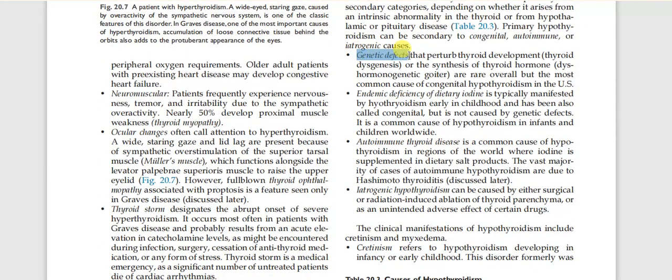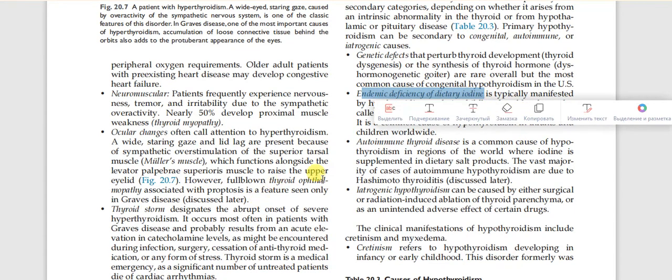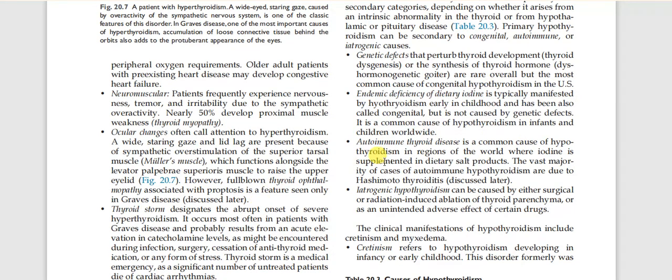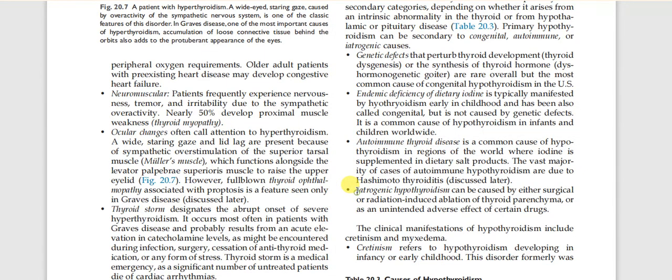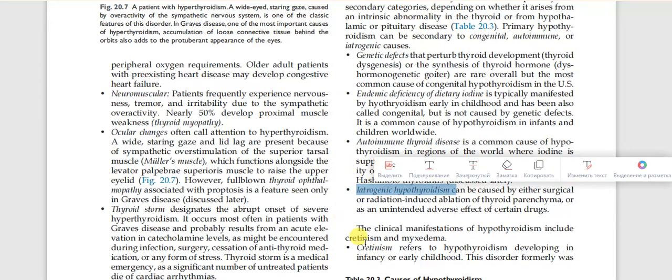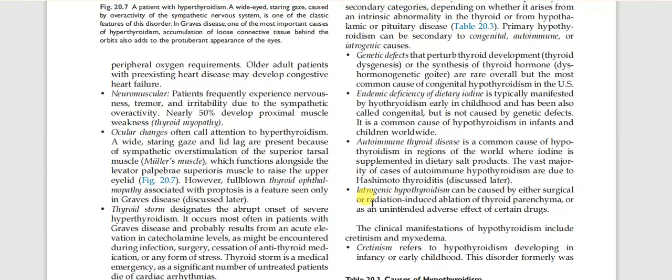It's caused by genetic defects, endemic deficiency of dietary iodine, you know, goiter disease. Iodine deficiency, goiter disease, autoimmune thyroid disease, it's Hashimoto thyroiditis actually, and iatrogenic hypothyroidism, due to incision or radiation-induced therapy.